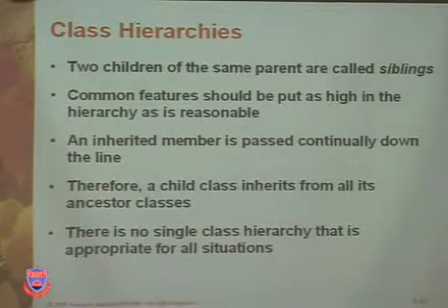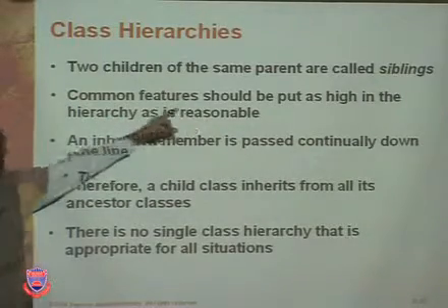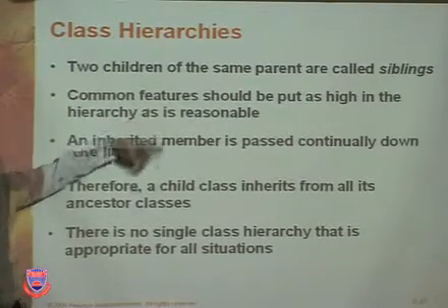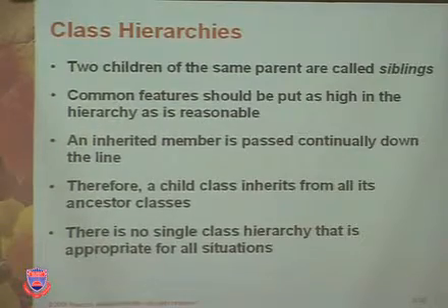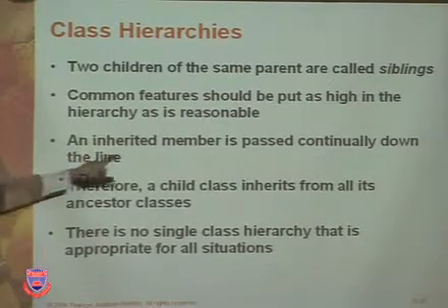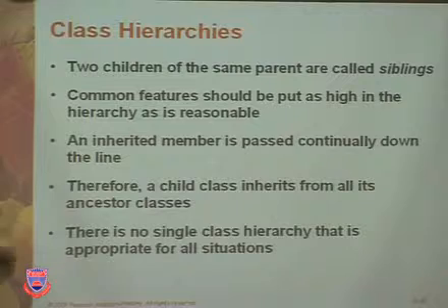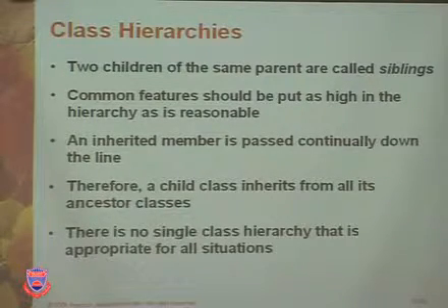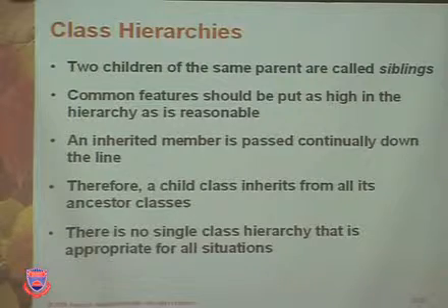If you have two children of the same parent, they are called siblings, as the word indicates. As I said earlier, you put the common features as high in the hierarchy as possible. An inherited member will continue down the line to all the rest of the children, and a child class inherits from all its ancestor classes.